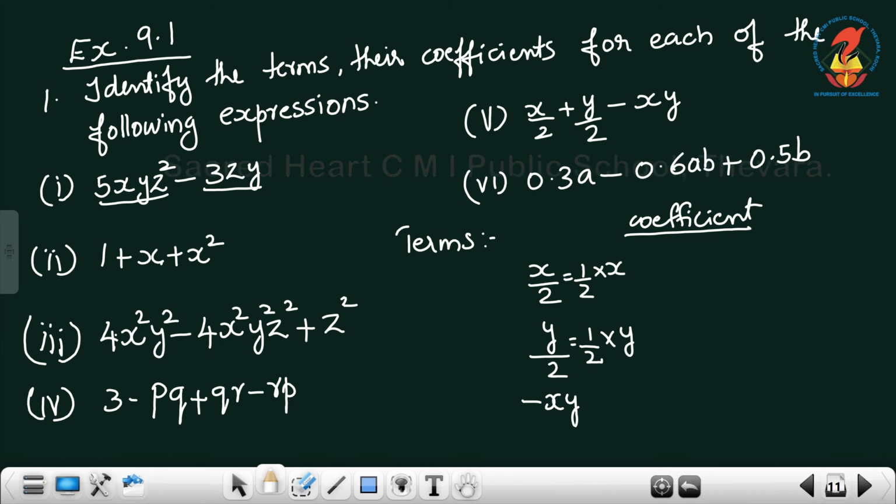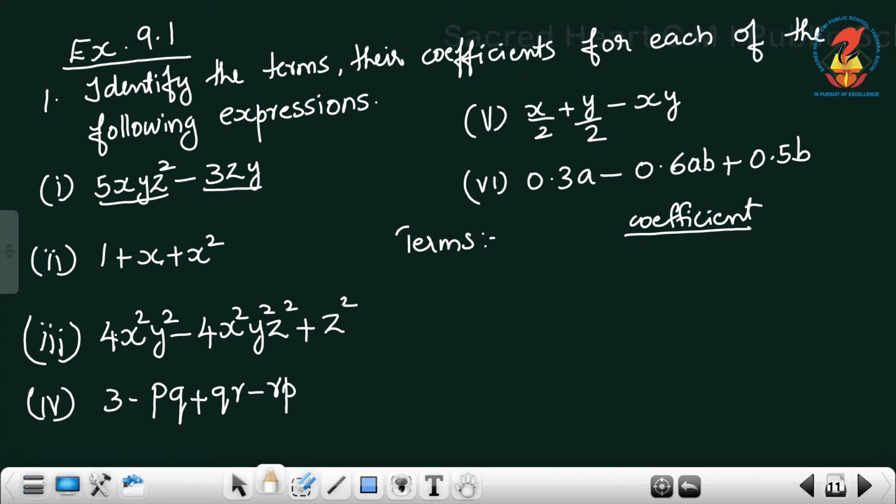So 1 by 2 is the coefficient of x by 2 and of y by 2. Negative xy can be written as negative 1 into xy, so the coefficient of negative xy is negative 1.